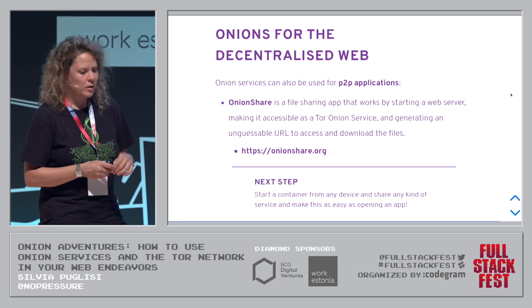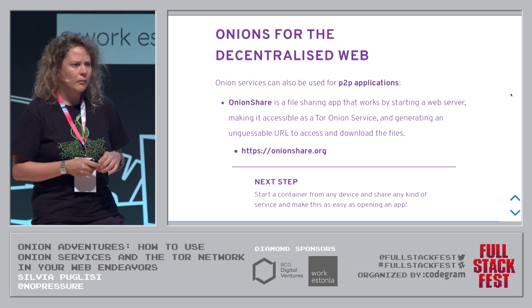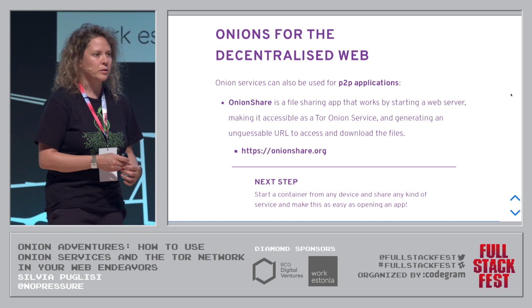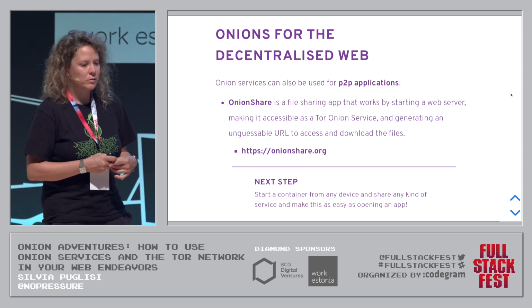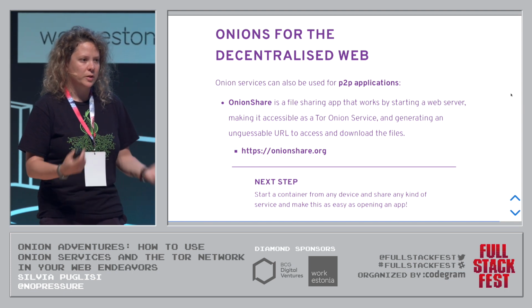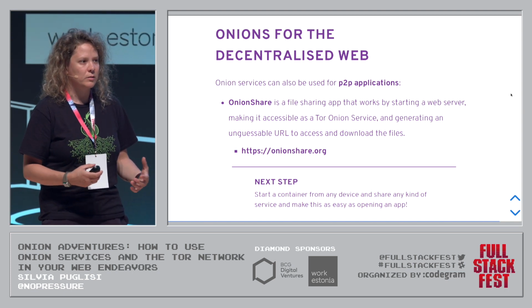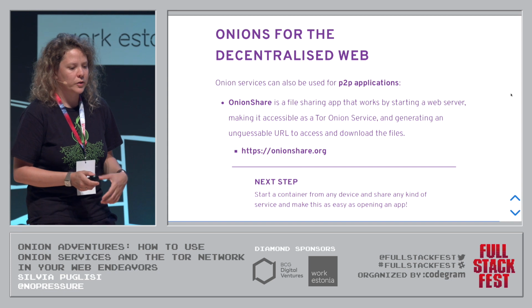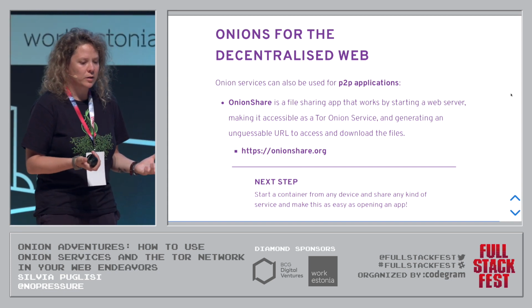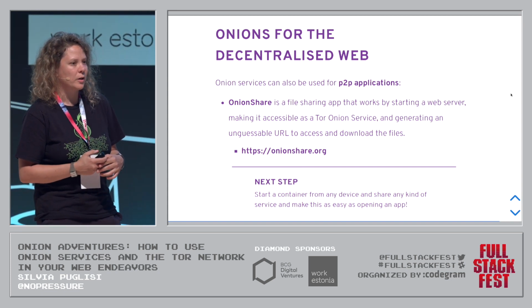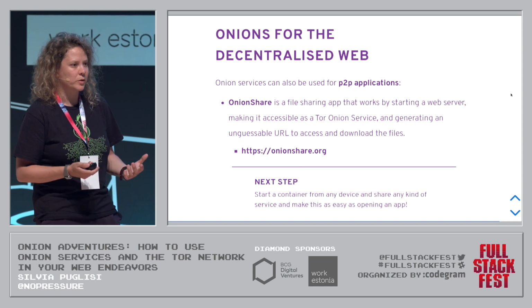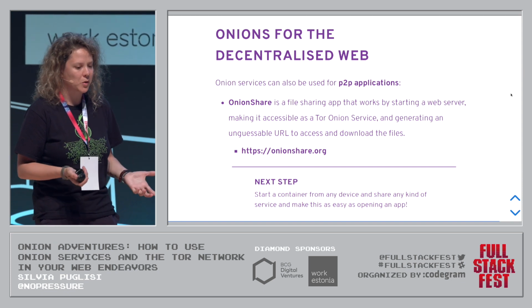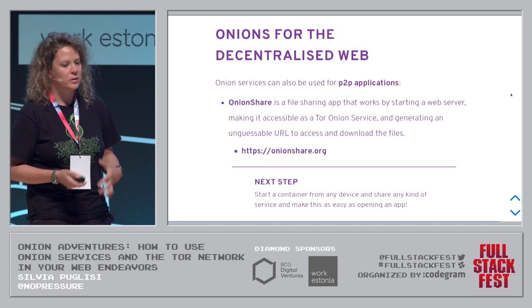Or just say, OK, I want to work on something quickly, and I want to provide an Onion link. People access the Onion link while they need it, and then I shut it down, and that's it. So the idea is, what if we start a container, and the container has some image that I want to share because, for example, I have a web server, or I have an application server, and so on.